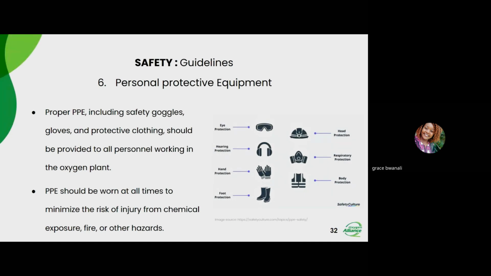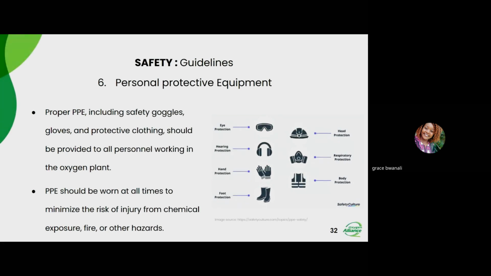Also, you're supposed to make sure that you are wearing safety boots, because let's say you are trying to take a cylinder out of its rack, and you did not put on your safety boots, and then you have slipped on something or something has happened, maybe you have lost consciousness, you might end up falling down, and that cylinder might, before you know it, be on top of you or on top of your fingers.